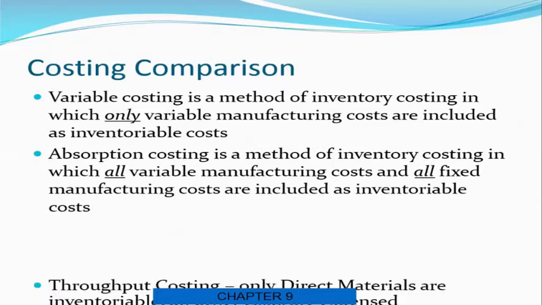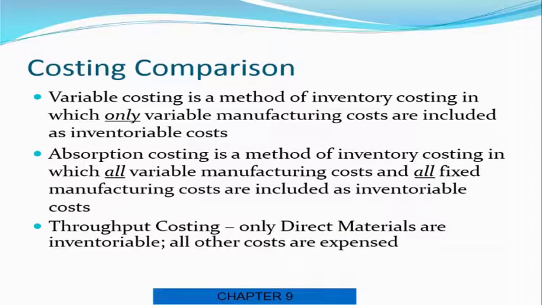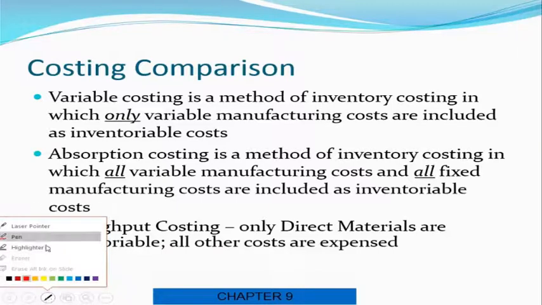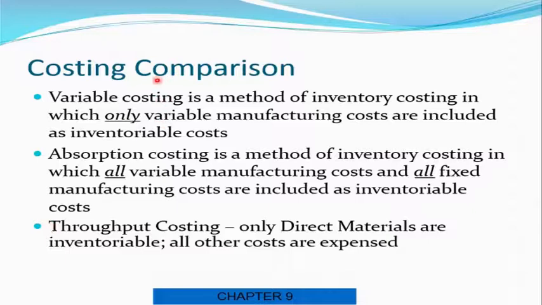In the comparison between these three methods, we will start with the variable costing method. It is a method of inventory costing in which only variable manufacturing costs are included in inventoriable cost. What we mean by inventoriable cost: when we want to measure the inventory cost according to variable costing, we use only variable cost elements.